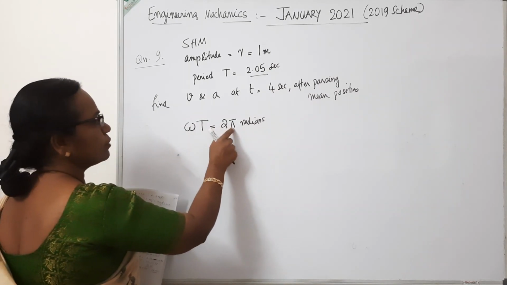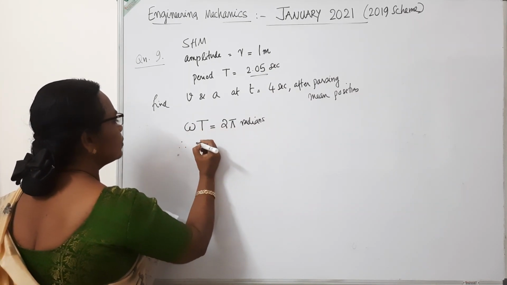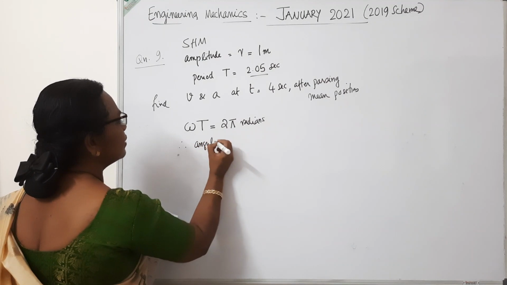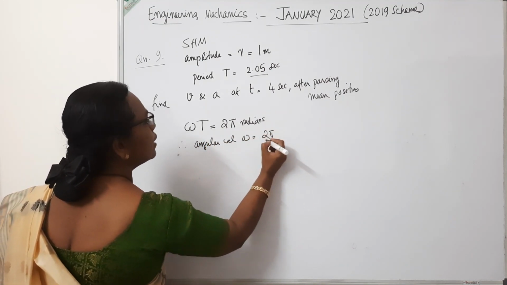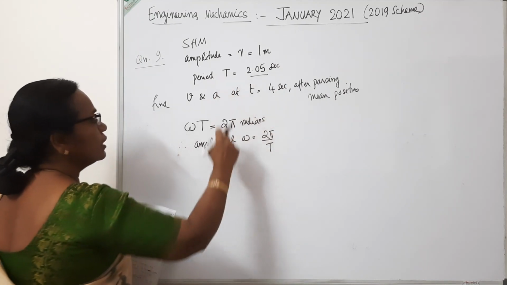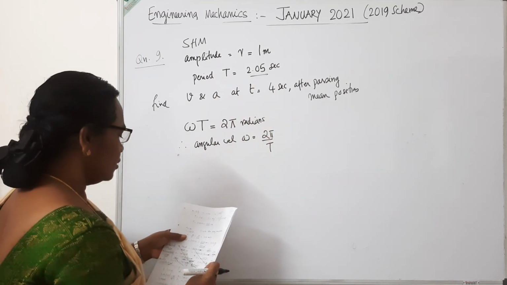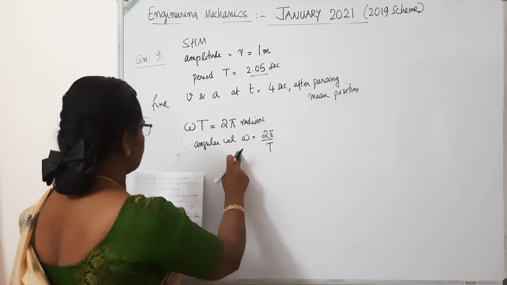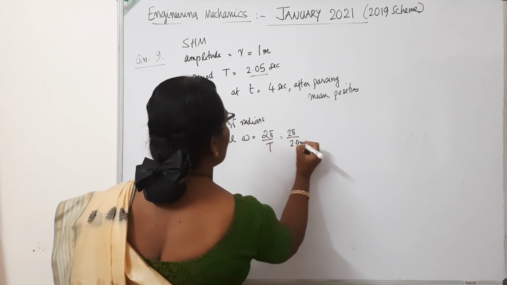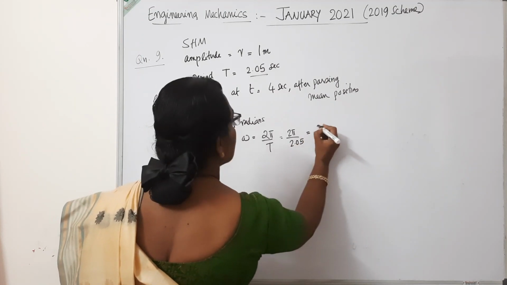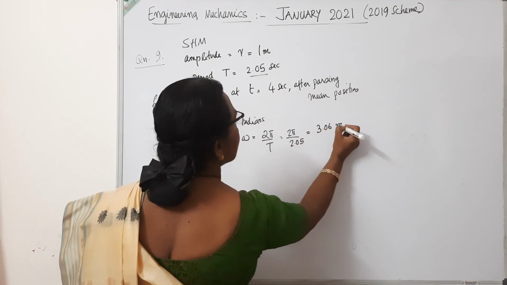So omega into T is equal to 2 pi, therefore omega is equal to 2 pi by T. So if the period is given, indirectly you can find the angular velocity. 2 pi by 2.05 is 3.06 radian per second.